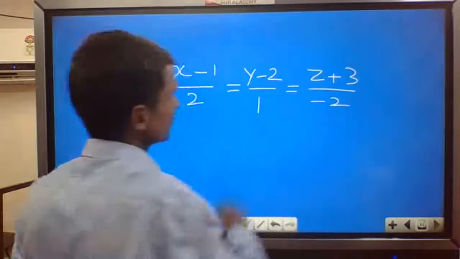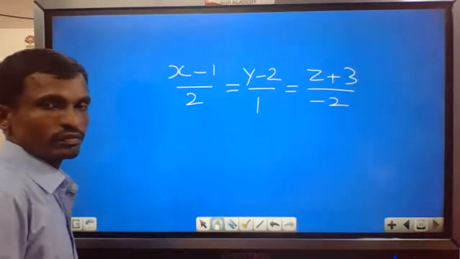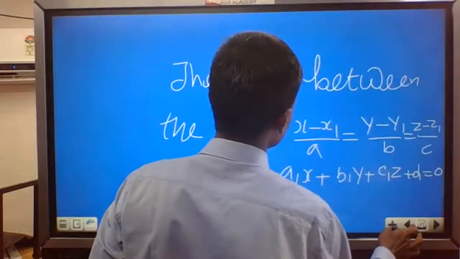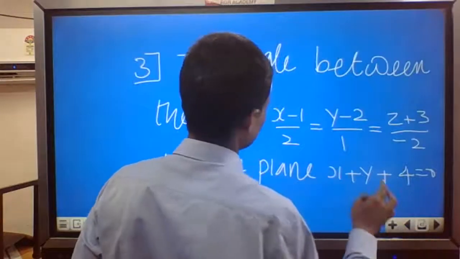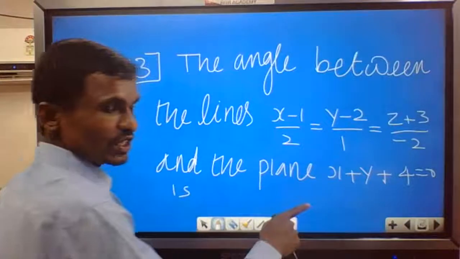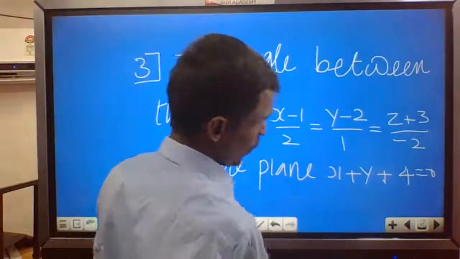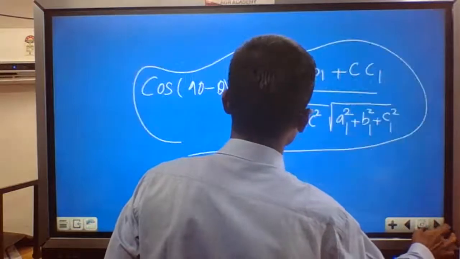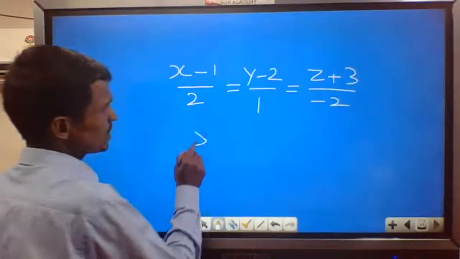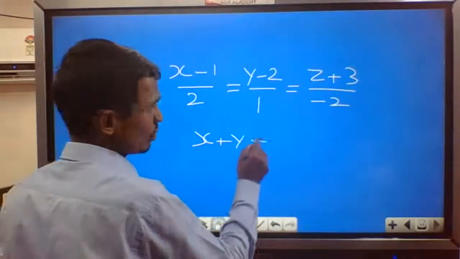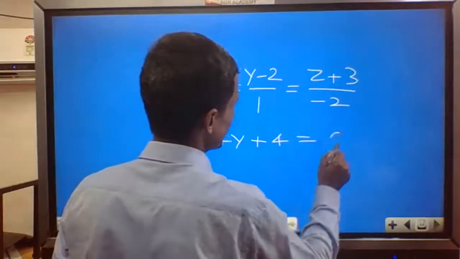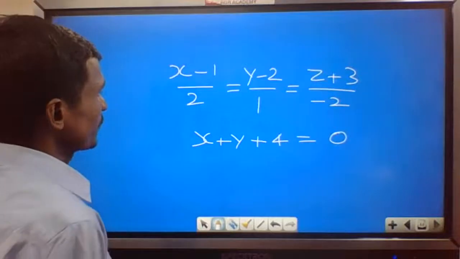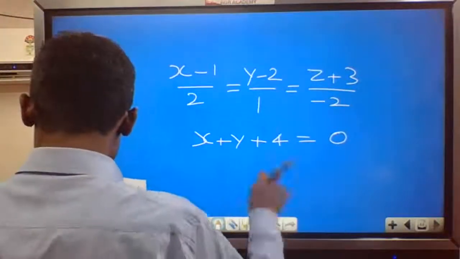This is the given line. We want the angle with the plane x + y + 4 = 0.